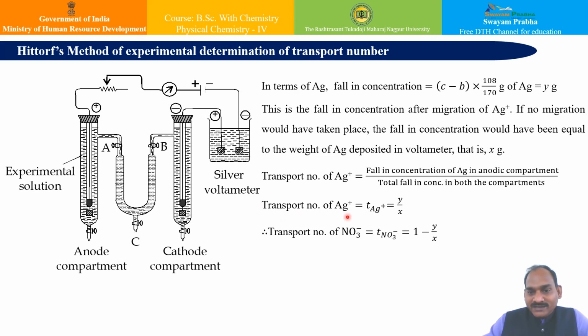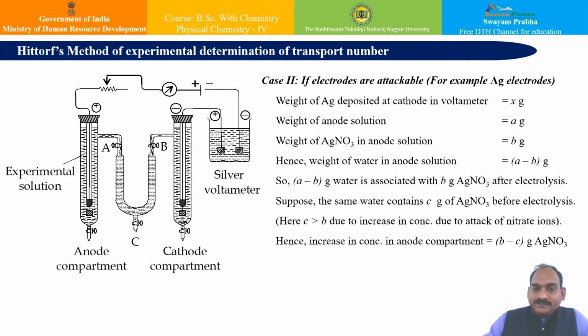So the transport number of silver is equal to y upon x, and the transport number of nitrate ions is equal to 1 minus y upon x. So this is how we can calculate the transport number of silver ions and nitrate ions using non-attackable electrodes like platinum electrodes. Similar is the case when we imagine attackable electrodes are used.